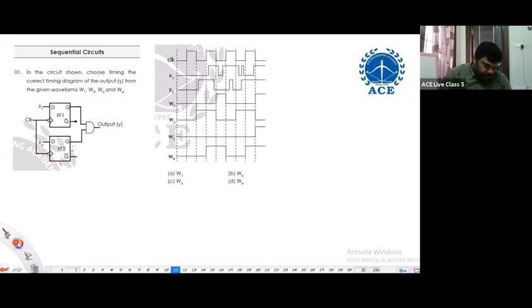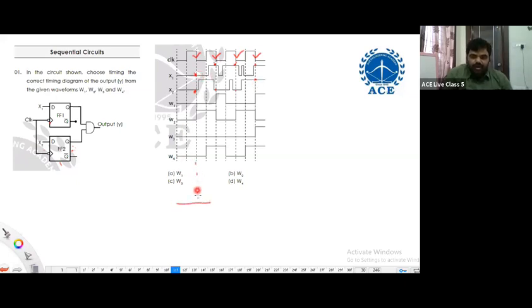Very simple. So at negative edges of clock, first let me find negative edges of clock. There, we have input 0, 0, and here it is 1, 0, and 1, 0, then 1, 1. Initially assume it was 0.